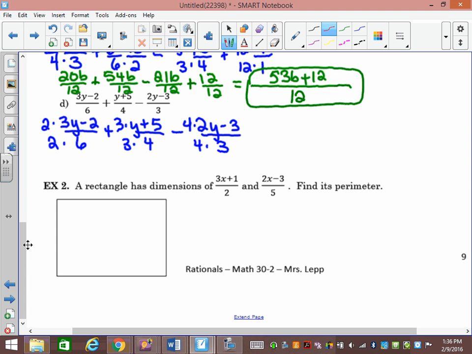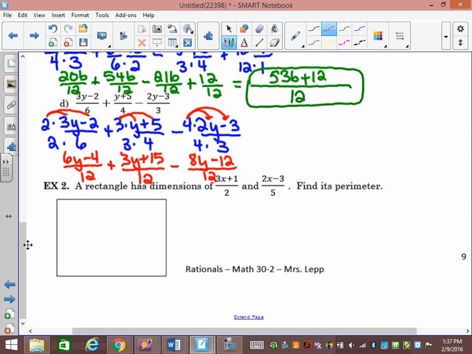So I'm going to get, the catch here is that you have to distribute this number into both, right? So I'm going to get 6y minus 4 over 12 plus 3y plus 15 over 12 minus 8y minus 12 all over 12.